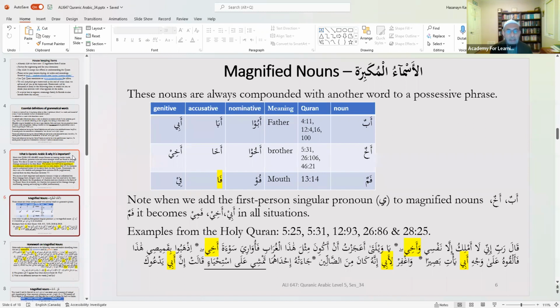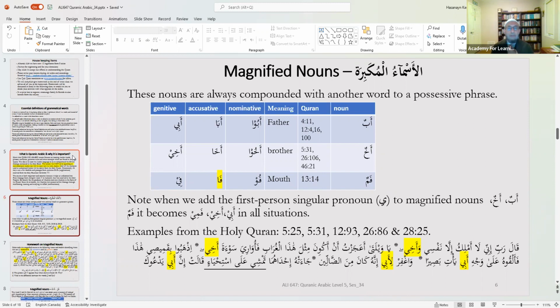So this is where many of you who answered the homework question, this point was missed out. That abi on its own, yes, abi is my father. So kataba abi ila ummi. My father wrote to my mother. Or kala abi li ummi. Or my father, for example, said this to my mother, right? So kala abi, here of course abi will be nominative.